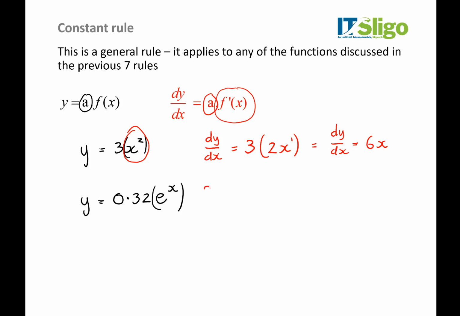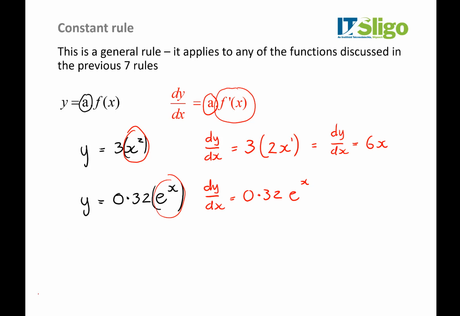Similarly, in the next function, the constant stays where it is. And now we differentiate this bit, and remember the derivative of e to the power of x is itself. So it looks like nothing's happened, but that's just the way it is with derivatives. The exponential function is the only function whose derivative is itself.